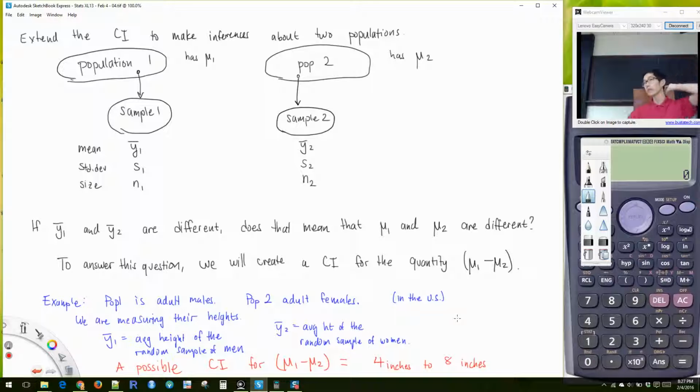All right. What if instead of measuring their heights, we measured IQ scores?